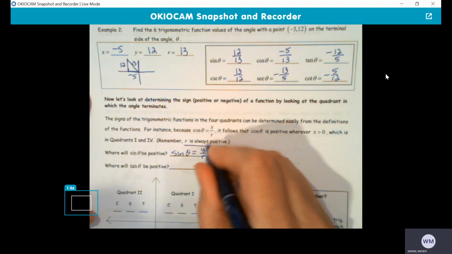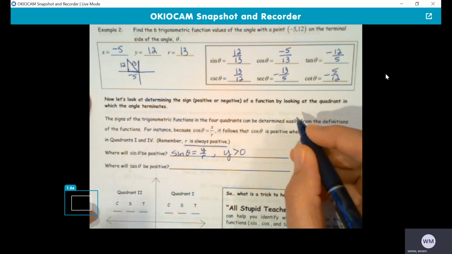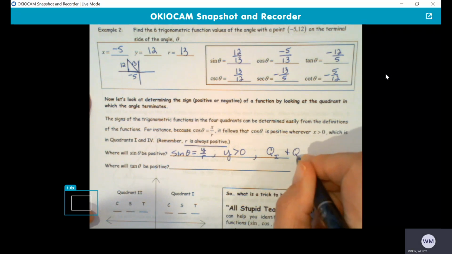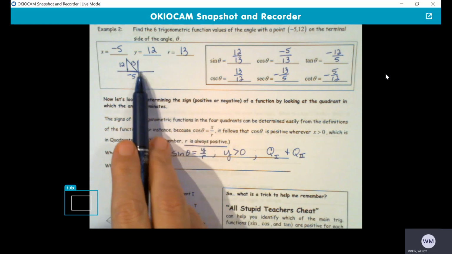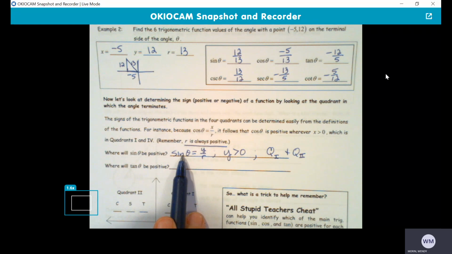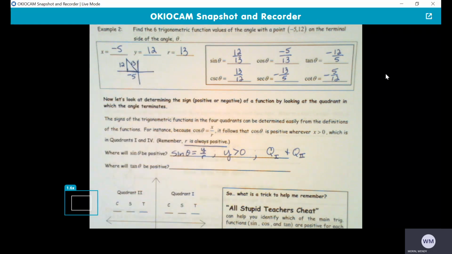So this is positive when y is positive, which is in quadrant 1 and quadrant 2. So we already said cosine is positive here and here because our x is positive. We said that sine is positive here and here because the y value is positive.